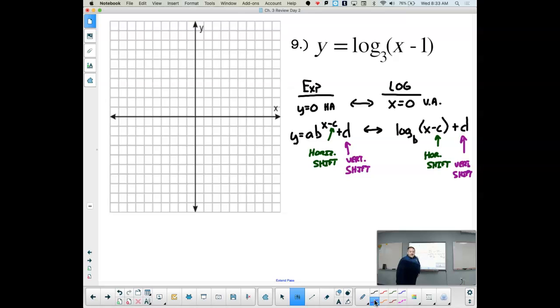With that being said, we have x minus 1 in the argument spot. So that's going to shift our whole graph one spot to the right. So that puts my vertical asymptote at x equals 1 here.